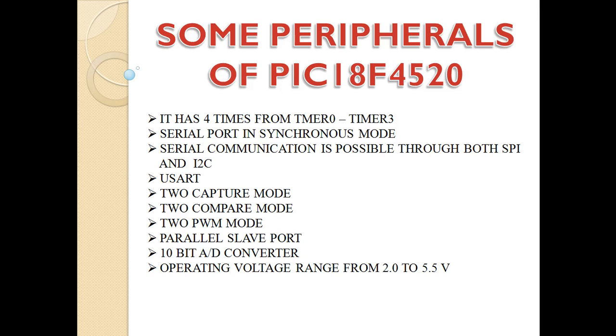Capture mode is used for recording some sort of the bits and then operating upon them. Compare modes are used for comparing two signals, and PWM is the pulse width modulation. In addition, it has a parallel slave port, 10-bit analog to digital converter, and has an operating voltage range from 2 to 5.5 volts, which means you don't have to worry about the minor errors in supply voltage.